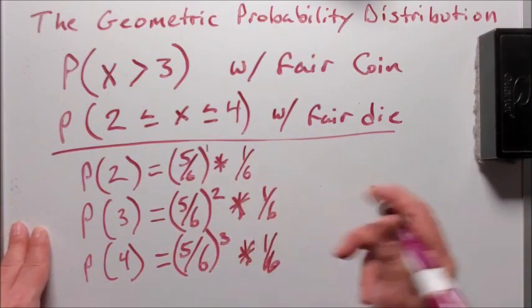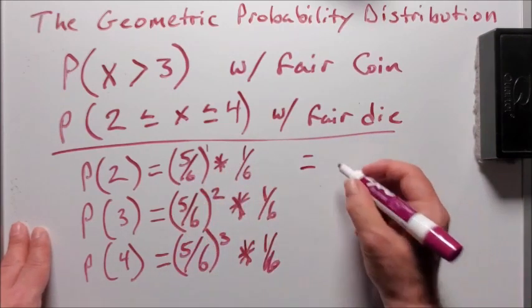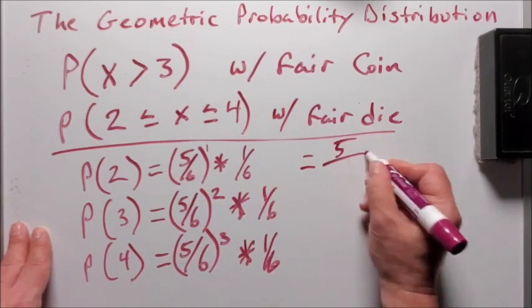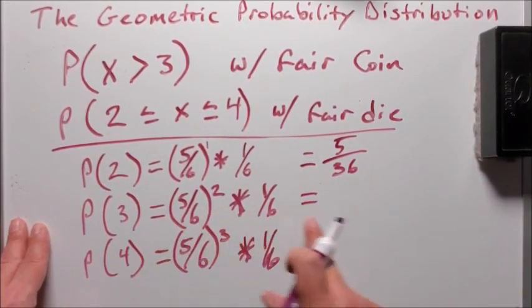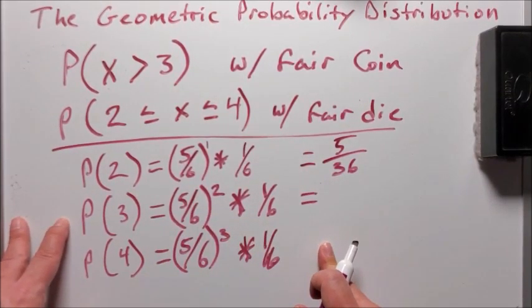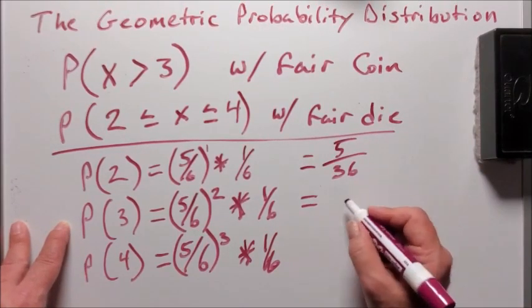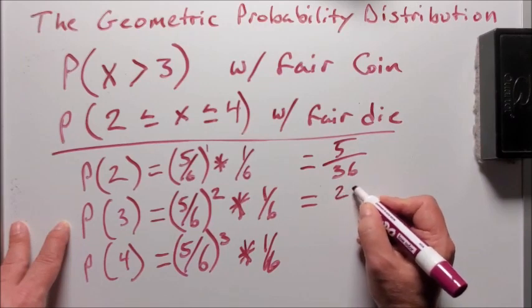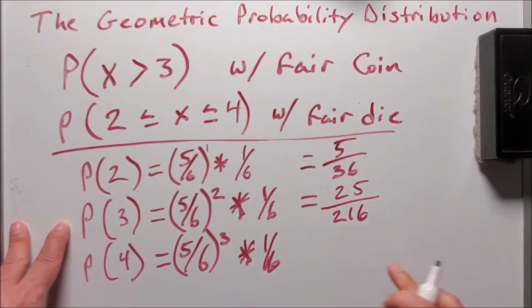So for example, here, I have 5/6 times 1/6. That's going to be 5 over 36. In this case, for the probability of 3, and we figured that out earlier, 25 over 216. Okay.